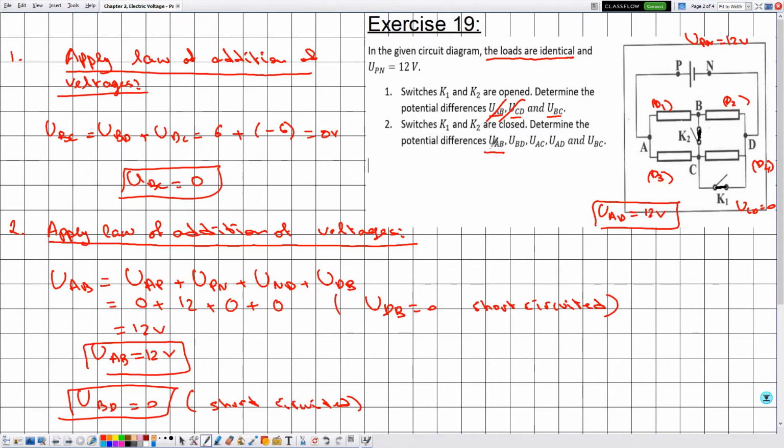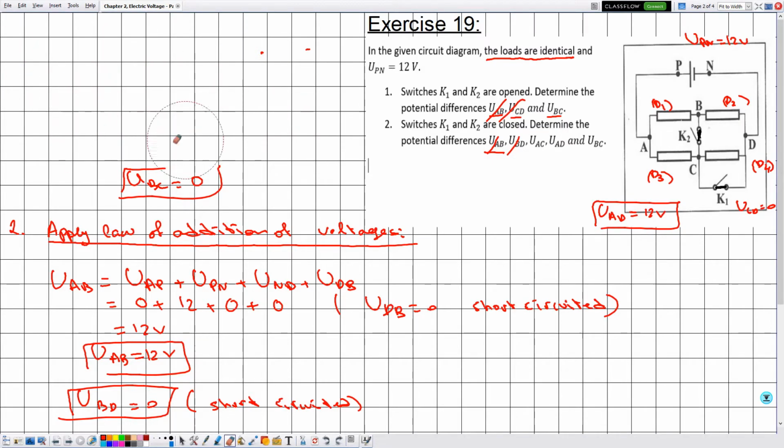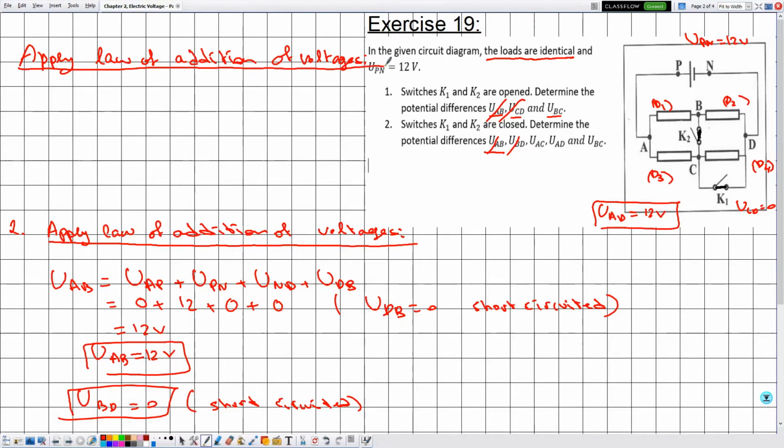So we are done with UAB and UBD. As for UAC, we can say that it's in parallel with UAB, so it's 12, or we can determine it using the law of addition of voltages. So let's apply the law of addition of voltages.